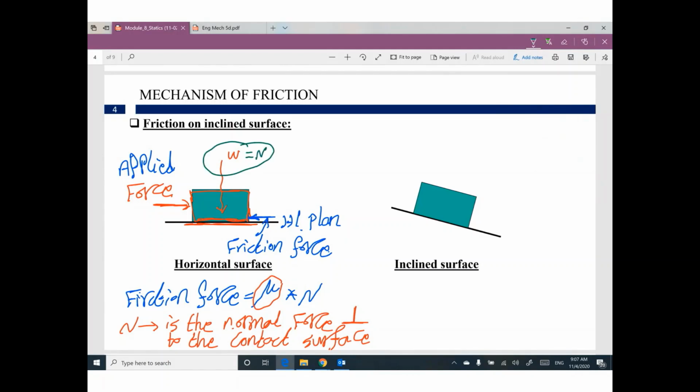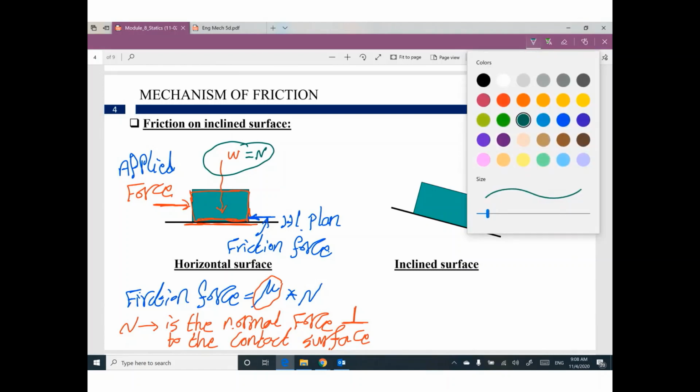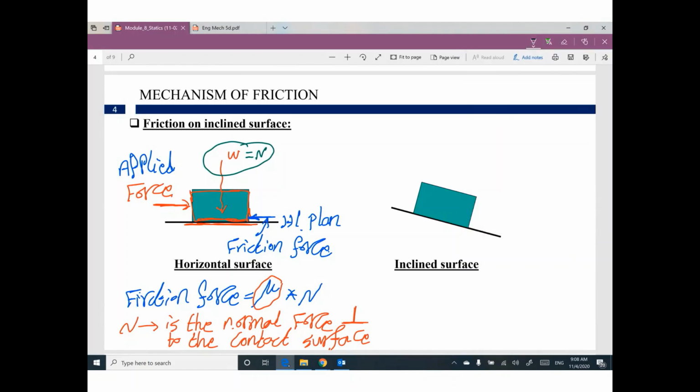Let me explain it in more detail or in a different way. Guys, can you watch for each force in this system? We have the applied force, the friction force, and the weight or normal force. The applied force is parallel to this surface. The friction force is parallel to this surface.